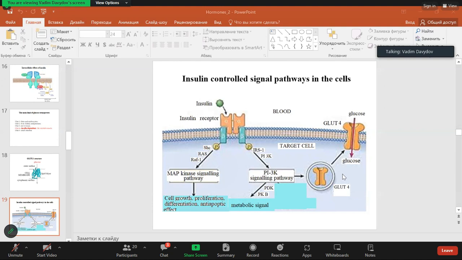And please note, in order for GLUT4 to gain the ability to insert in the cell membrane, it must undergo phosphorylation.